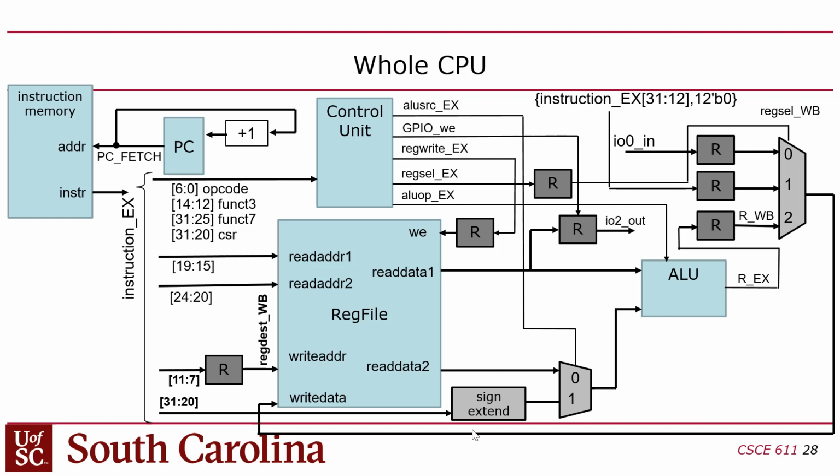Okay. Also, here's another example of that. The write enable input on the register file tells the register file to write. That's going to be 1 for almost every instruction. I think the only exception would be for the CSRRW instruction when you're writing the hex displays. You don't write a register in that case.